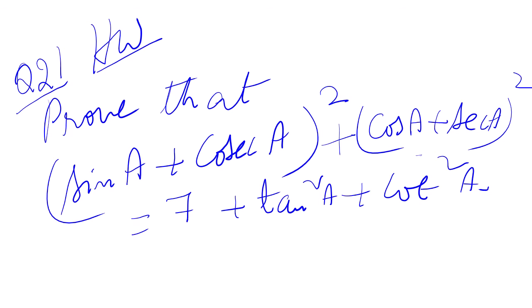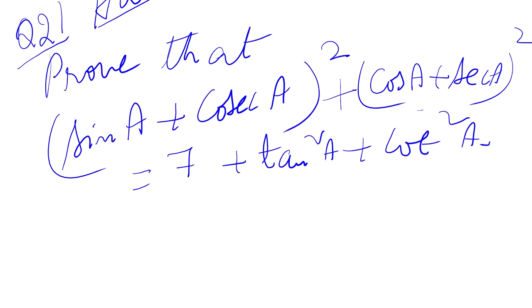Okay, you will be using cosec square A is equal to 1 plus cot square A and sec square A is equal to 1 plus tan square A identities, then you will be getting it. Try it out. If you don't get, you can ask me.